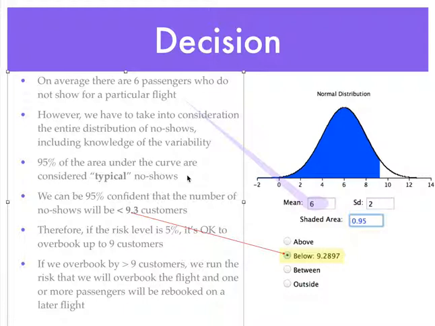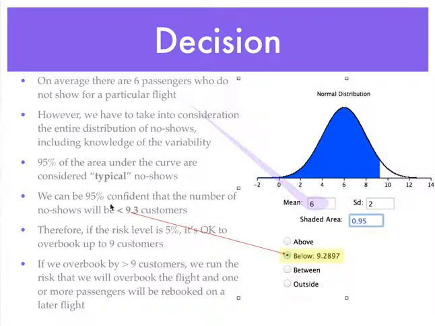We'll go with the mean of 6 and a standard deviation of 2, and I just popped this into one of the applets, and I said I want to know where 95% of the area under that curve falls below, and it would be at 9.2897 people, so you'd have to round that down.